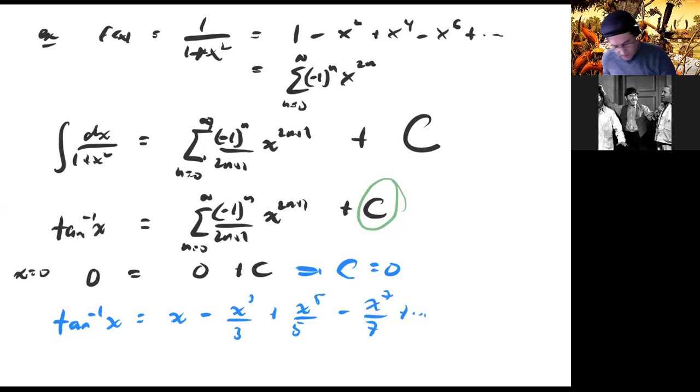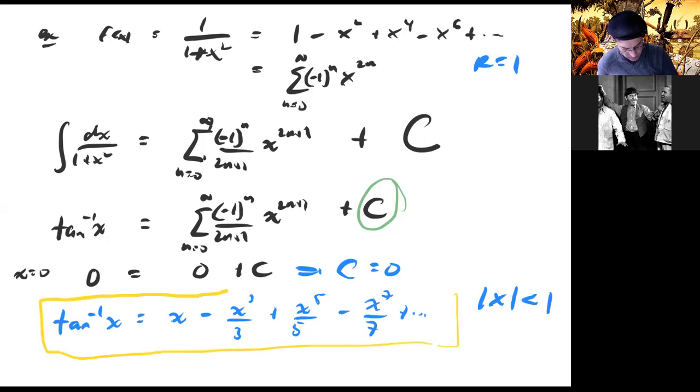And here, we need the absolute value of x to be less than 1, because way back when, we knew the radius of convergence of this series was 1. So the absolute value of x is less than 1. So now we have shown this very interesting expression for the arctangent function.